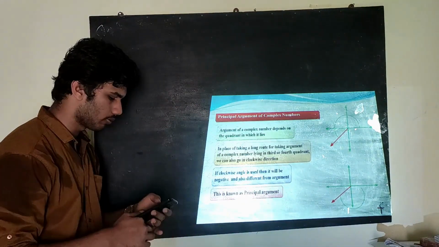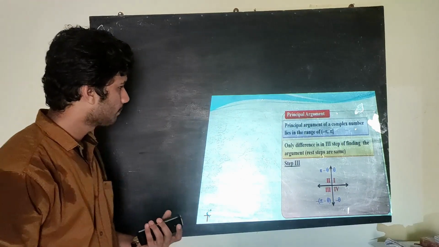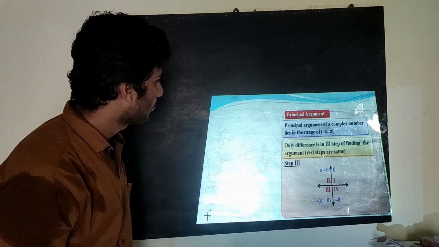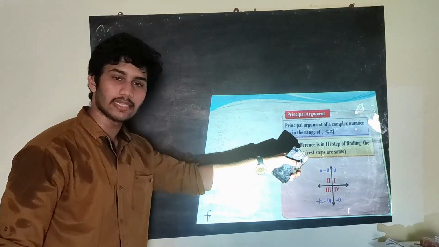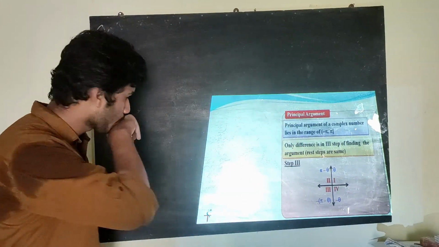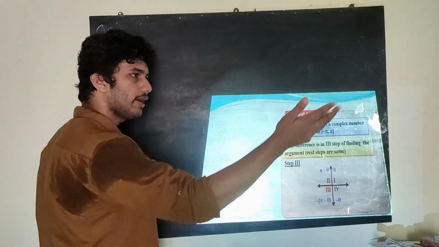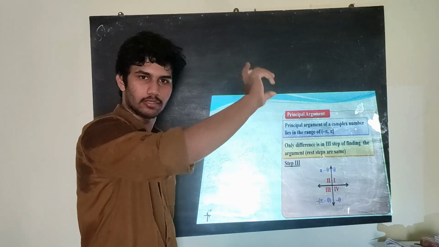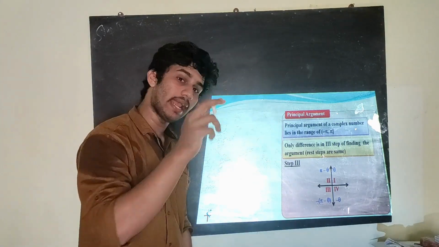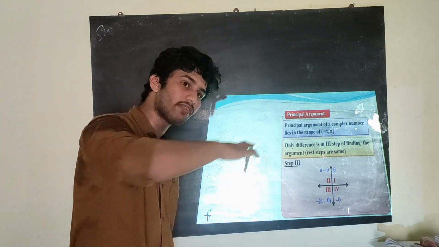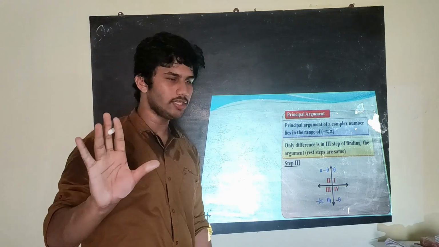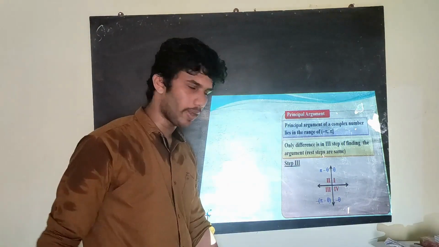Now, principal argument, as I said, lies in the range of minus pi to pi, right? In the first two quadrants, it lies in the 0 to pi region. And in the other two cases, it came from minus pi. So the range lies between minus pi to pi.